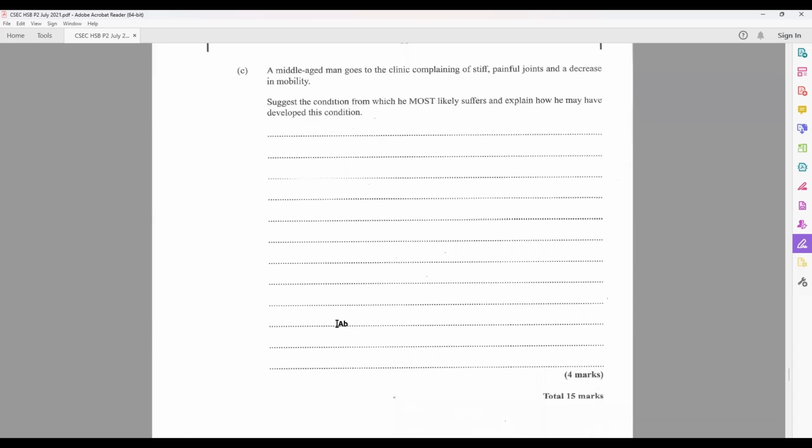A middle-aged man goes to the clinic complaining of stiff, painful joints and a decrease in mobility. Suggest the condition from which he most likely suffers, and explain how he may have developed this condition. So his condition, because he is middle-aged, means he has had a certain amount of life thus far.